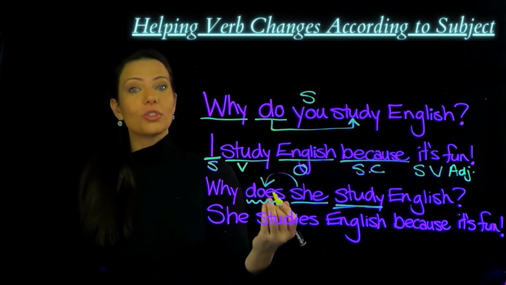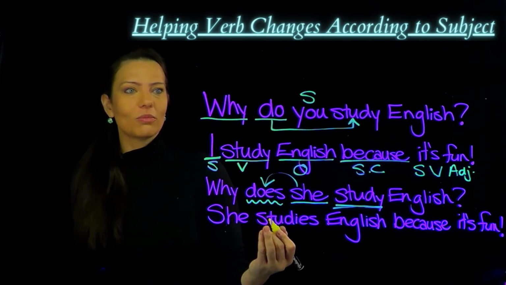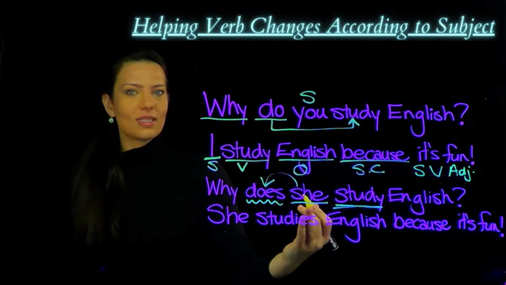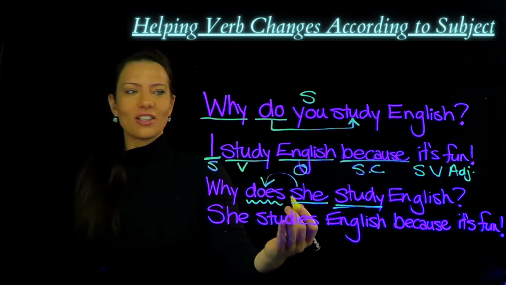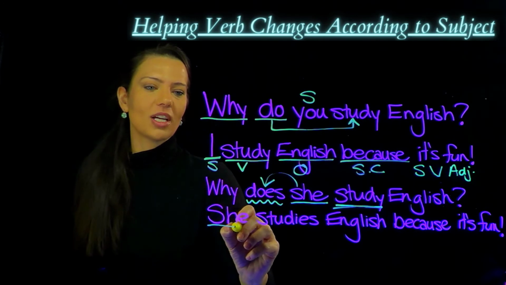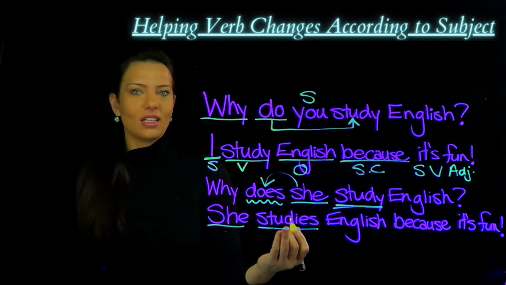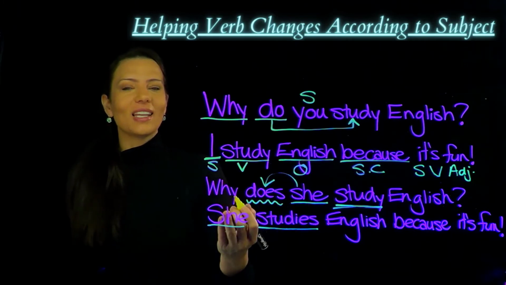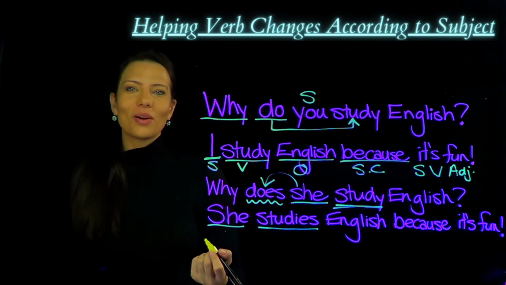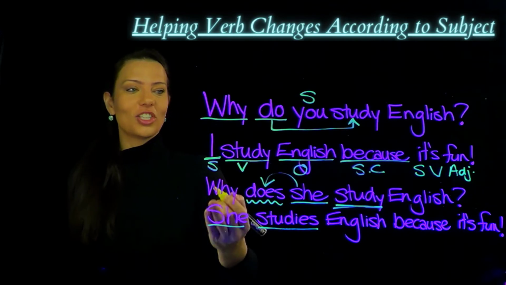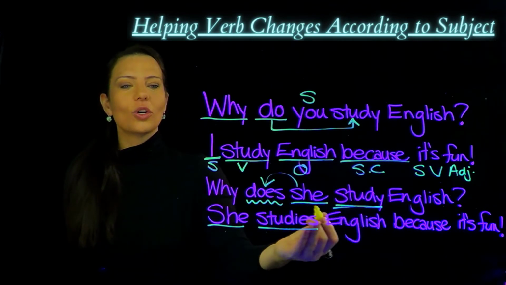Only the verb to do, which is the helping verb, changes according to the subject. And here this is answered very simply. Subject, verb. She studies English because it's fun in the simple present. Notice that when we are answering the question, we do not need to use a helping verb.